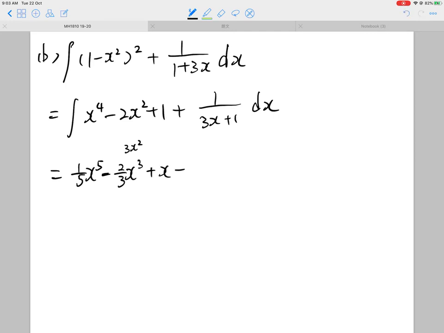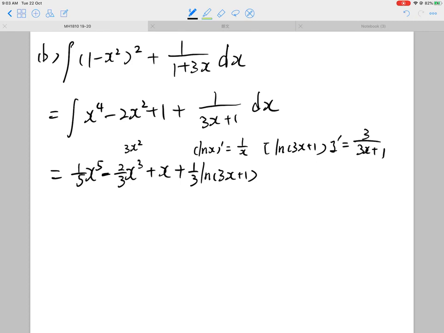And this part, ln x, the derivative is 1 over x. So it's ln 3x plus 1. But if you differentiate ln 3x plus 1, you'll get 3 over 3x plus 1. You don't want this 3, so you multiply 1 over 3 in front.